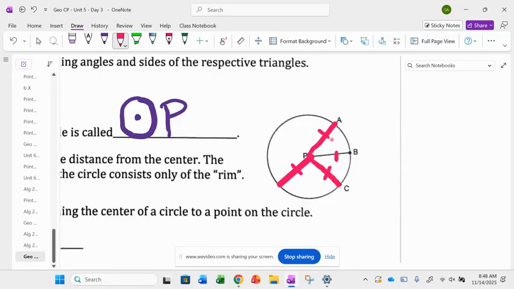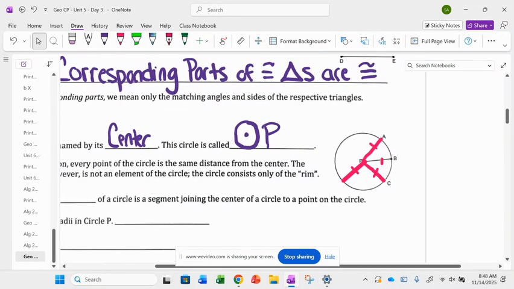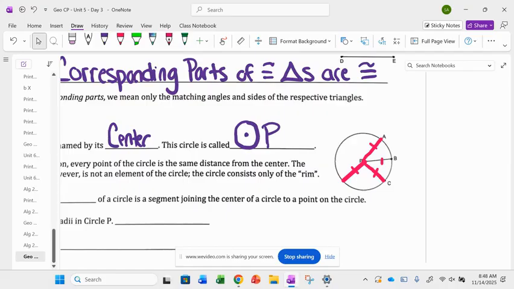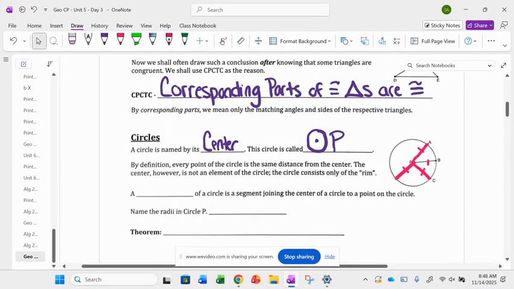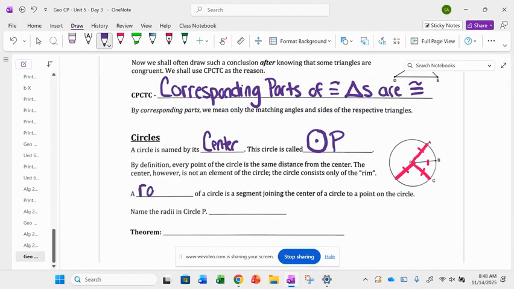Does anybody remember from middle school what that segment is called from the center to the rim? A radius, excellent. So a radius of a circle is a segment joining the center of a circle to any point on the circle.